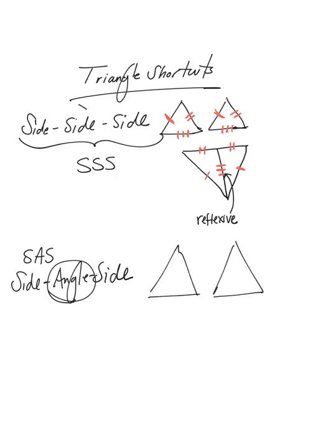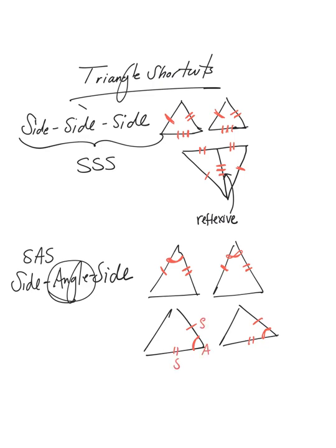For this, they would have a side, an angle marked, and another side. Now, it could also look like this, if this side was marked, this angle, and this side. So you see side, angle, side. They have to come right after another.